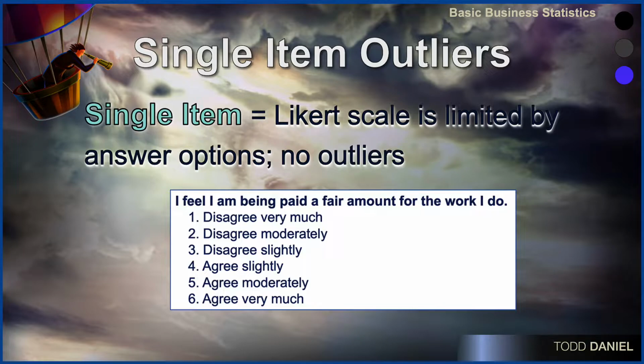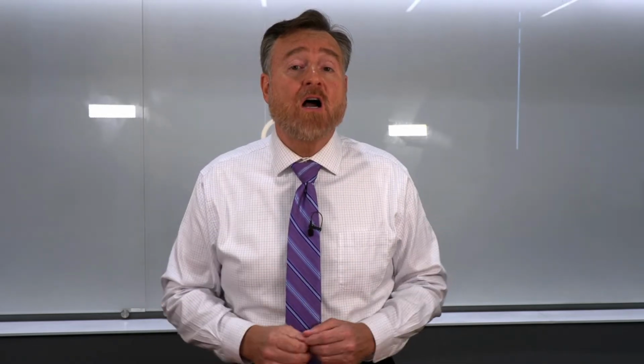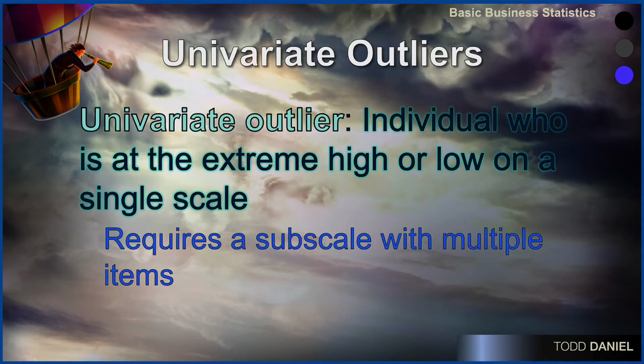With a single item Likert scale, we will not have outliers because each individual is limited only by the answer choices from 1 to 6. What if we had an answer choice that was greater than 6? That would probably be a data entry error, and we're going to talk about how we would fix those.